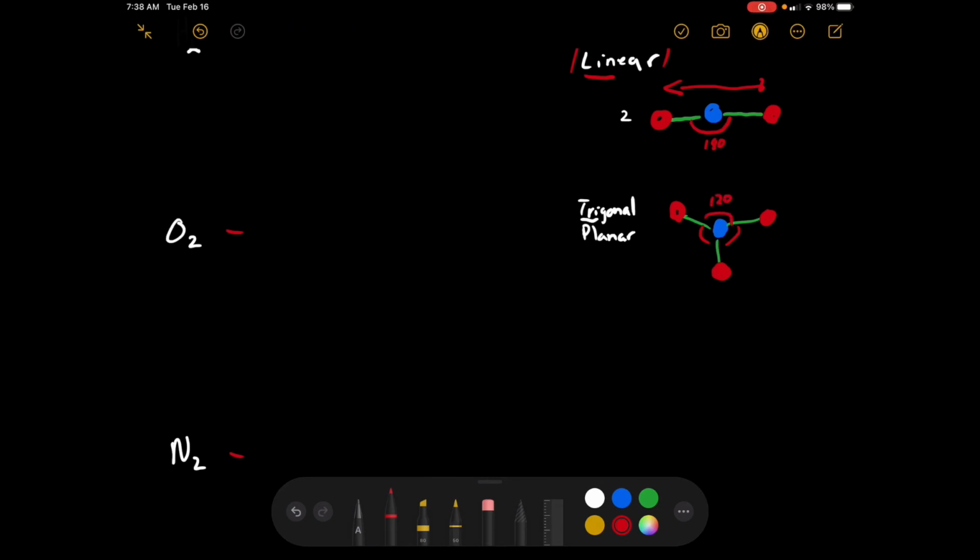And the reason for that is these electrons are making it to where each of them has their own comfortable place. Up here, it's most comfortable to be 180 degrees apart. Here, it's most comfortable for them to be 120 degrees apart.